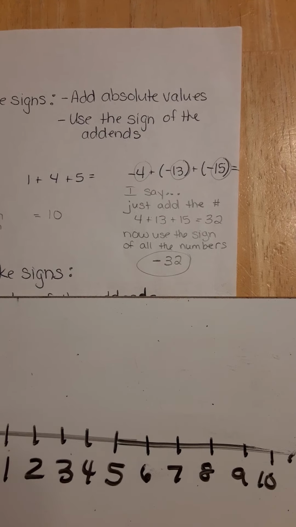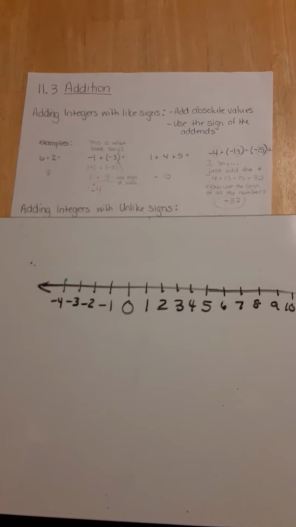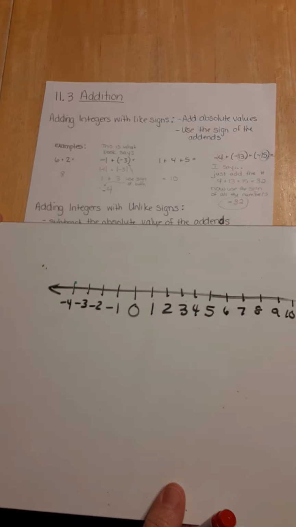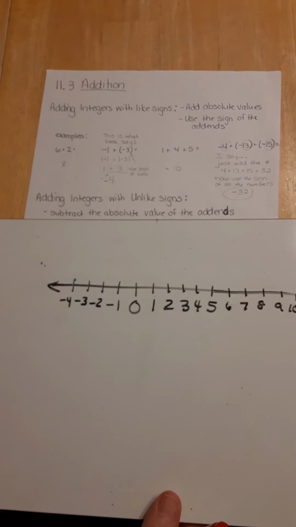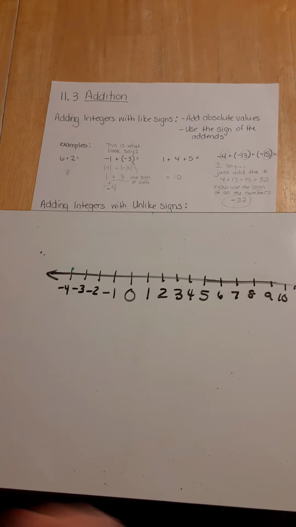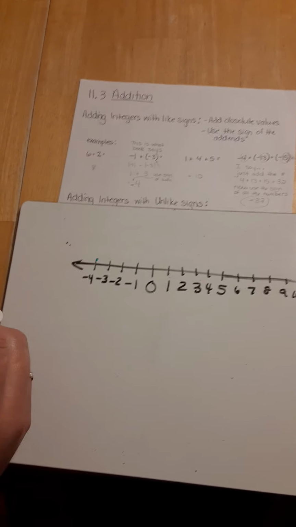Now, here is where it gets a little bit more intense when we start adding positive and negatives together, okay? We're going to start off with a few problems on our number line here.